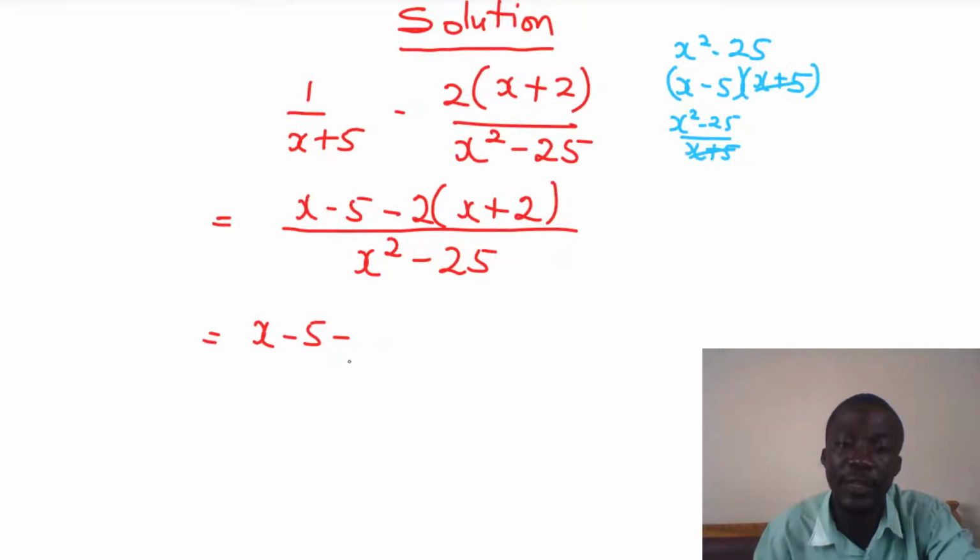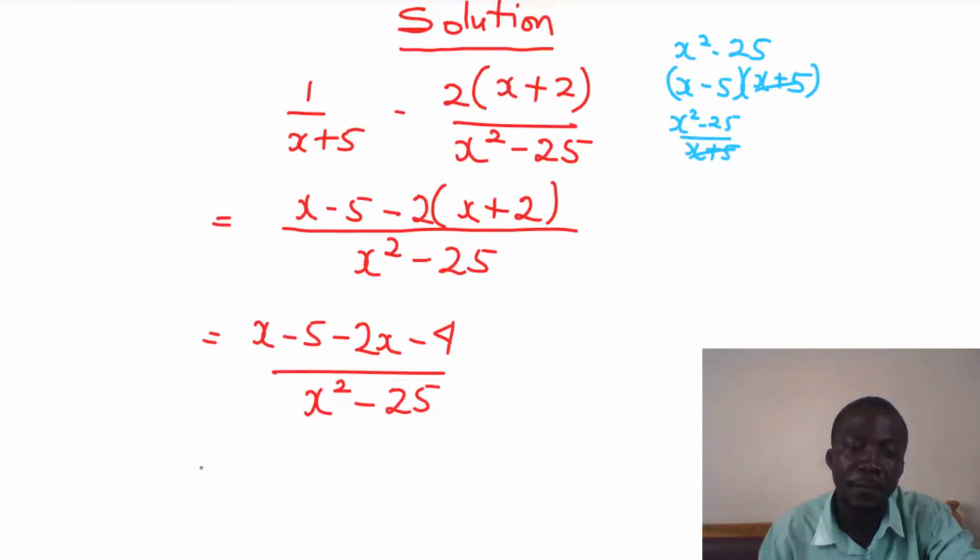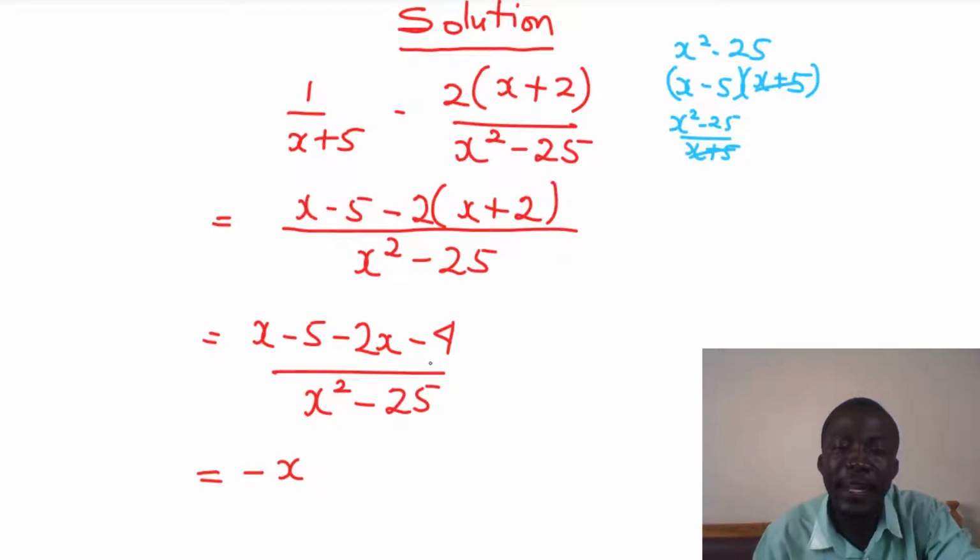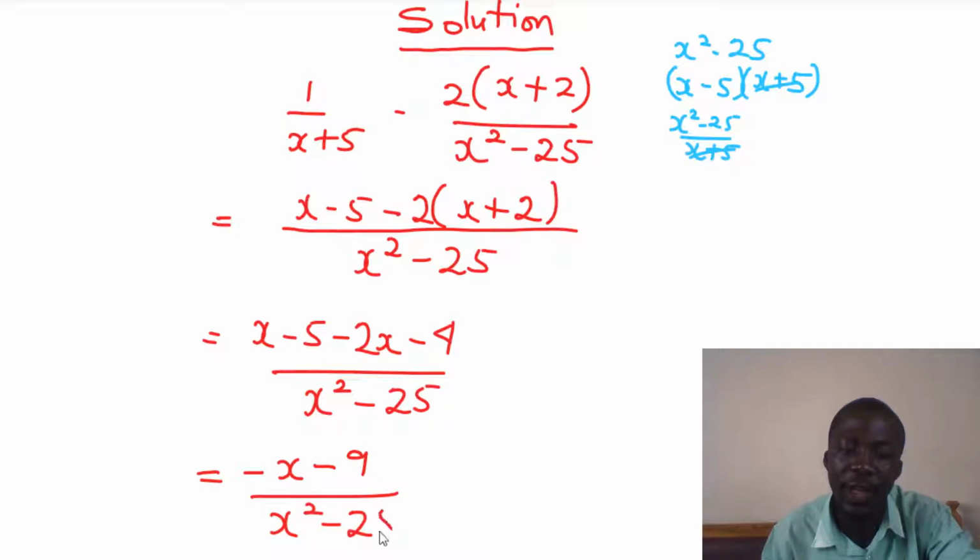Negative 2 times x will give us negative 2x, then negative 2 times 2 will give us negative 4. So divided by x squared minus 25. x minus 2x will give us negative x, then negative 5 minus 4 will give us negative 9, divided by our x squared minus 25. And this will end our solution.